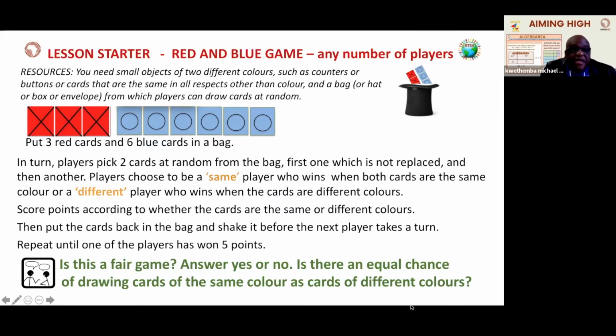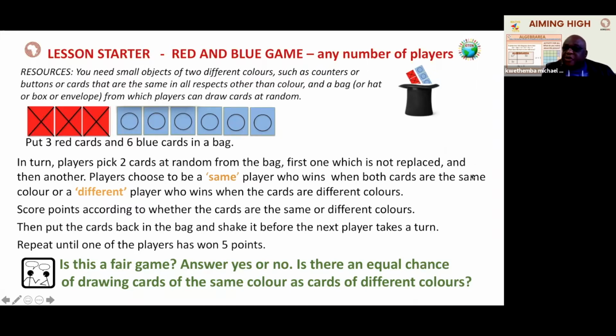Here in this activity, I want us to look at playing the game, as you can see on the display. My colleagues are going to play the game. After choosing 2 different cards randomly from the hat, we have 2 camps here, those who go for the same and those who go for the different.